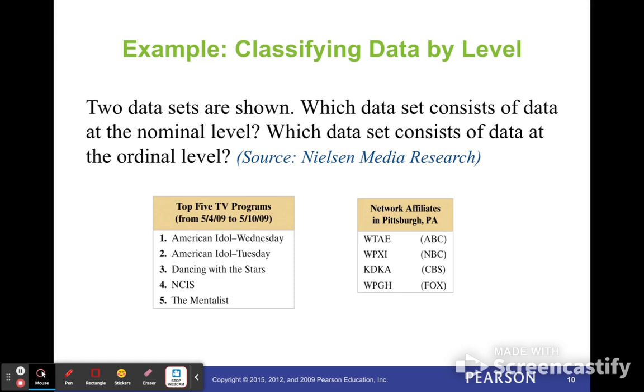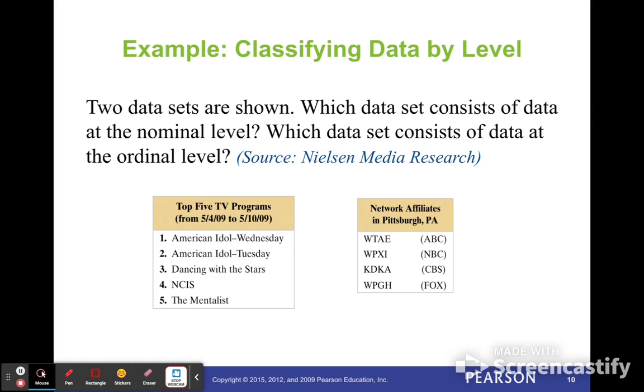The one on your right is just network affiliates in Pittsburgh, Pennsylvania. So these are like radio stations, I guess. WTAE is NBC, WPXI, NBC, KDKA, CBS, WPGH, or these are kind of like the call stations. So it's just simply what? Labeling.